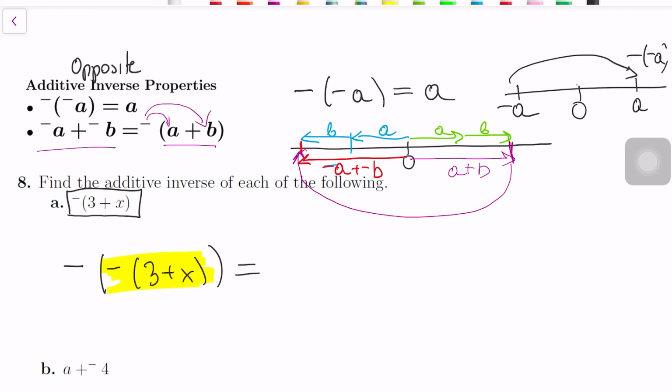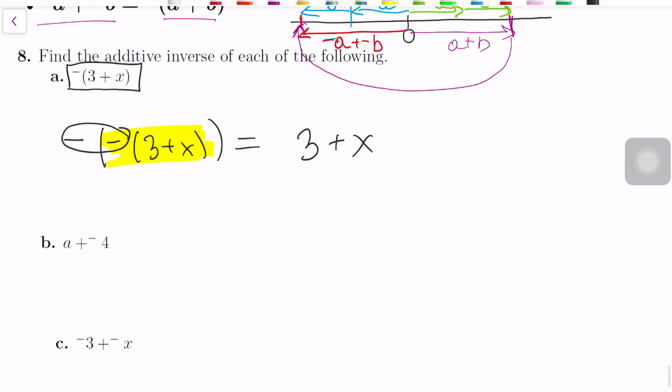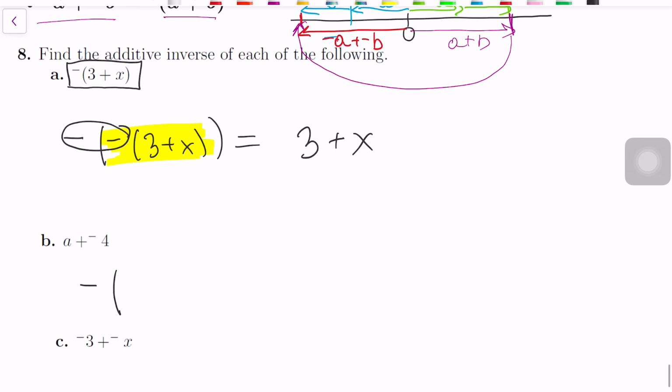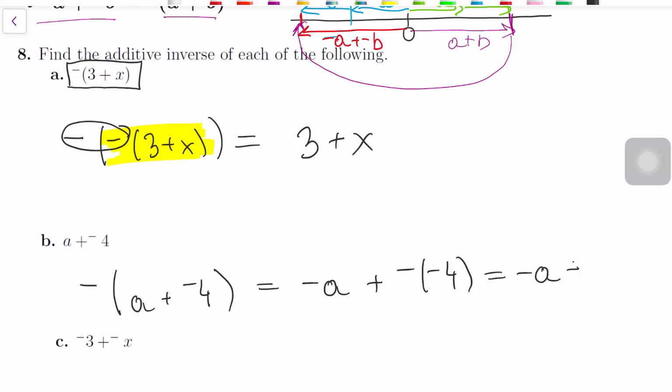We know that two additive inverses cancel each other out, so that's going to give me 3 plus x. Now I want to find the additive inverse of A plus negative 4. Here I will distribute the minus, so minus A plus minus negative 4. But again, I know that minus negative 4 will be 4.